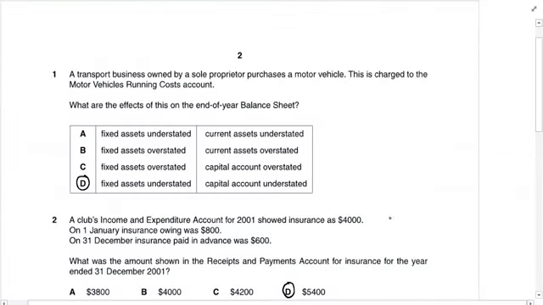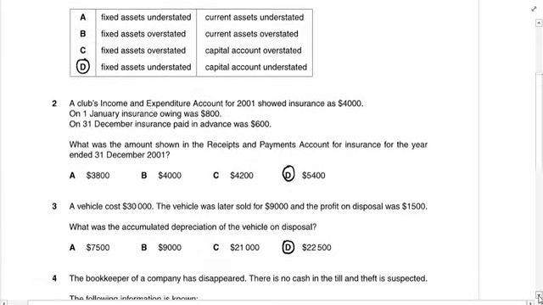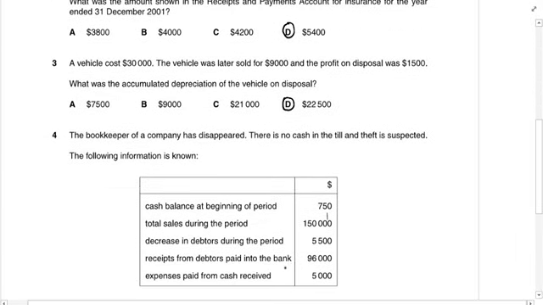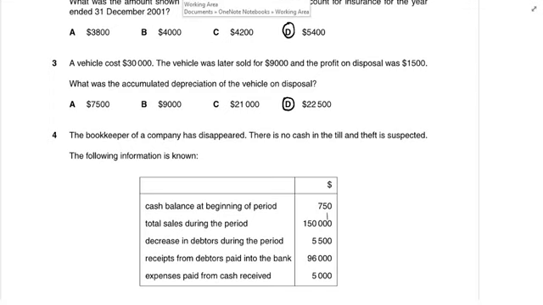Right, obviously one figure we know, credit sales is what we are looking for. Then we have some receipts from debtors. I think we are given that one. Alright, receipts from debtors paid into the bank, that's 96,000.